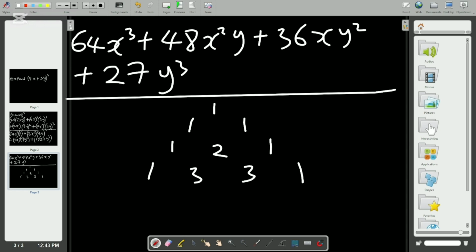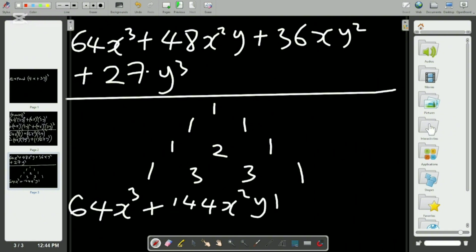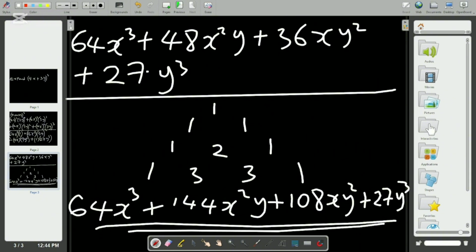Let's quickly do that. 1 times 64 will give us 64x cubed, plus 3 times 48 will give you 144x squared y, plus 3 times 36 will give us 108xy squared, plus 1 times 27y cubed will give you 27y cubed. So this is the answer.